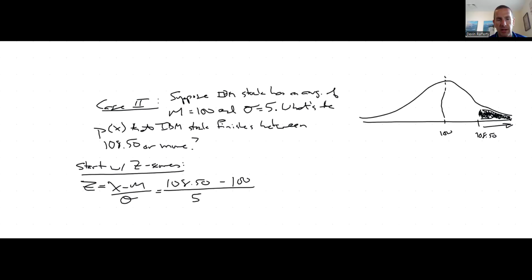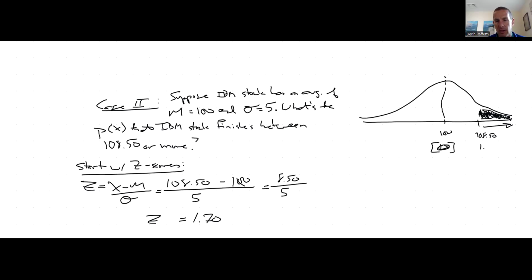That gives me 8.50 over 5. So my z equals 8.5 over 5, which is 1.70. Okay. So as before, 0 goes in the middle.